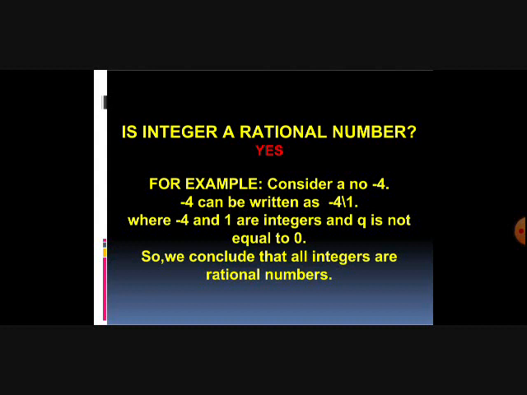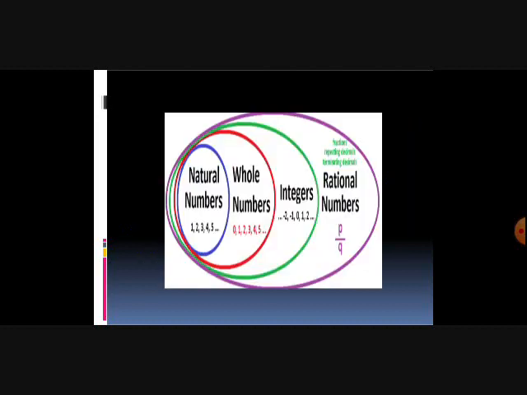So with this example, what we conclude is all integers are rational numbers. So the set of natural numbers is there in the set of whole numbers, and the set of whole numbers is there in the set of integers, and all integers are rational numbers.